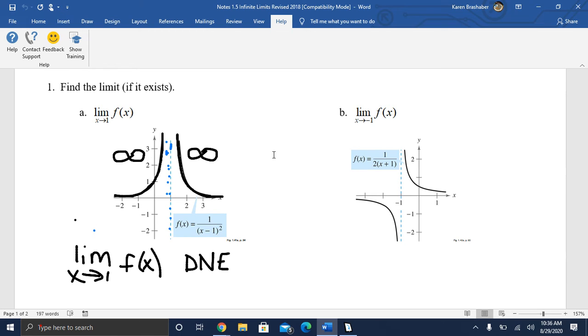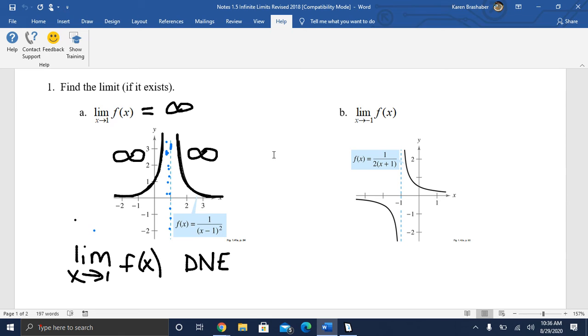But what is changing is that we're going to describe what is happening as x approaches 1. And for that description, we're going to say that it equals infinity because the graph is unbounded and going toward positive infinity.